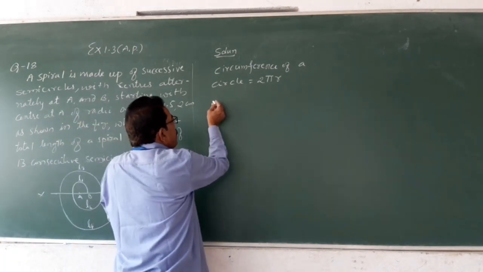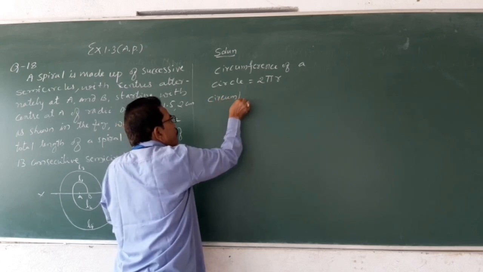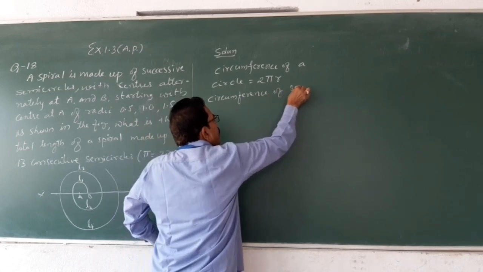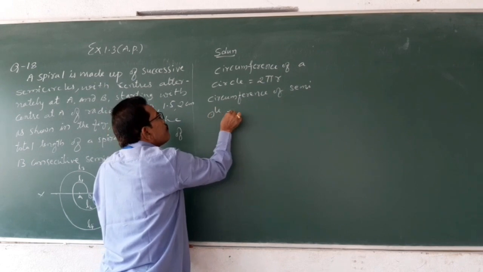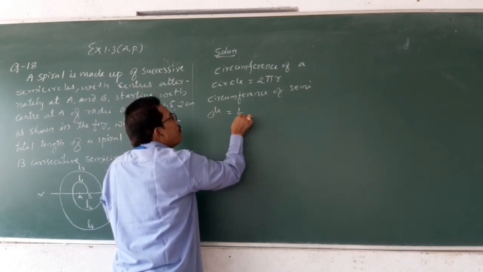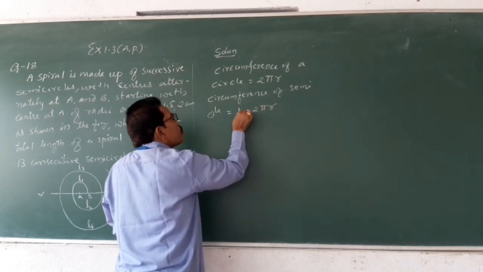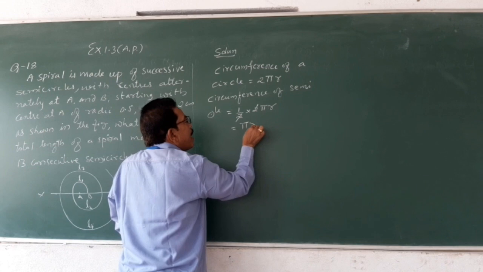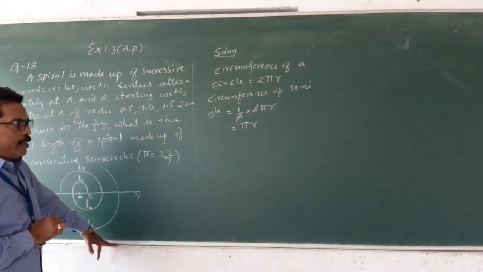So the circumference of a semicircle is 1 by 2 into 2 pi r, that is equals to pi r. Circumference of semicircle is pi r.